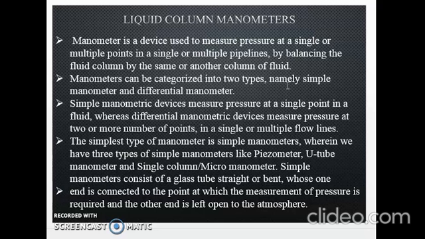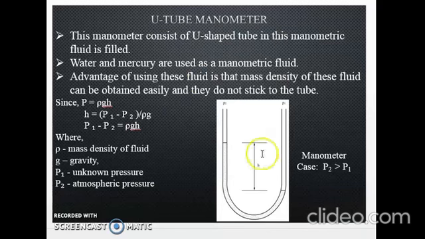The simple manometer consists of a glass tube, straight or bent, whose one end is connected to the point at which the measurement of pressure is required and another end is left open to the atmosphere. So the U-tube manometer looks like as shown in this figure.